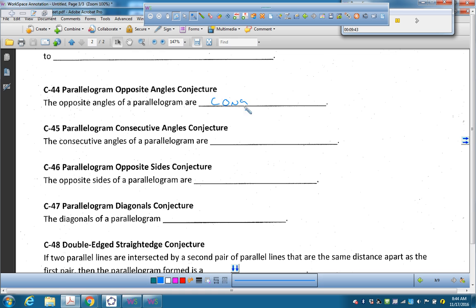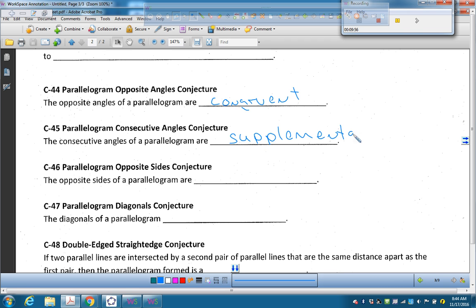Good. The consecutive angles of a parallelogram are what? Supplementary. Okay. Oh, we didn't measure the opposite sides, but what's true about the opposite sides? They're congruent, okay? Opposite sides are congruent.